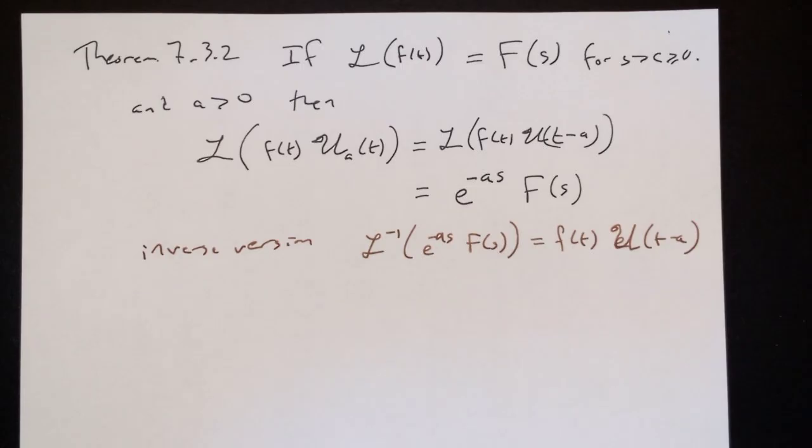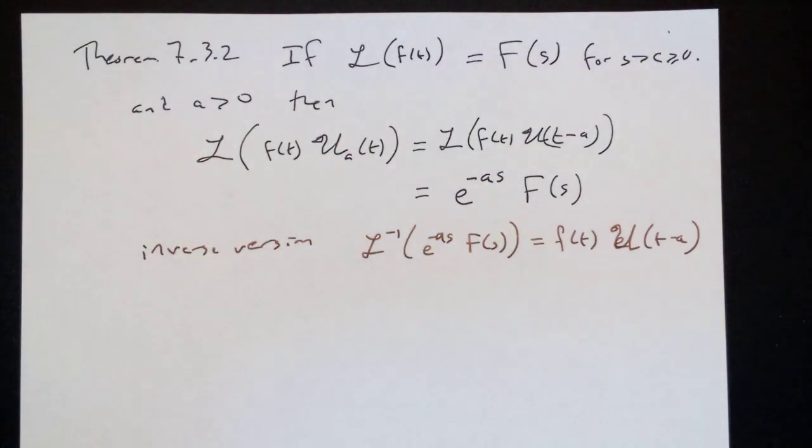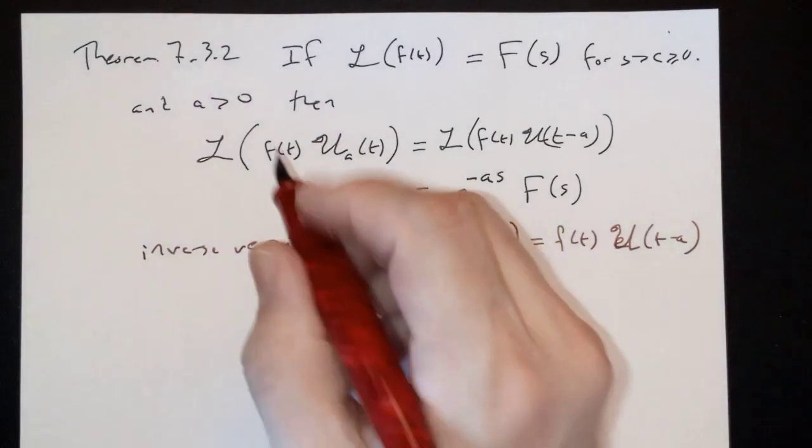Now, the hard part here. Oh, see, hard part here is I made a copy error. Let's fix something. Stop. I made a copy error right here. Big red circle. I screwed something up. Right here.